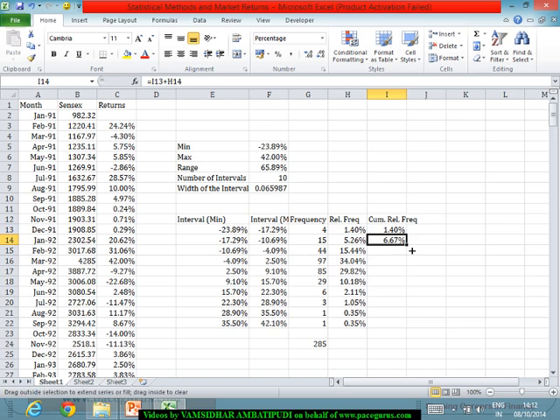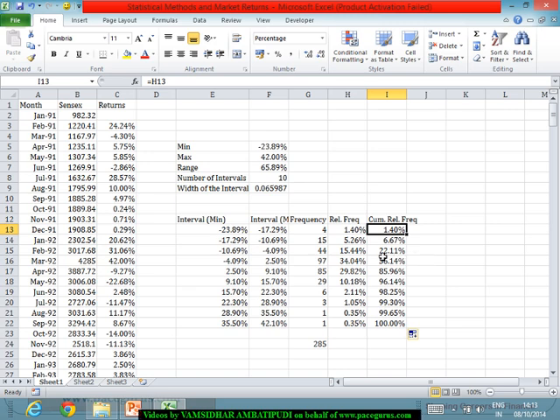So overall, once I reach the last, I'll get the 100% value. All I am doing is adding the frequency of that particular class to the cumulative frequency up to the previous class.